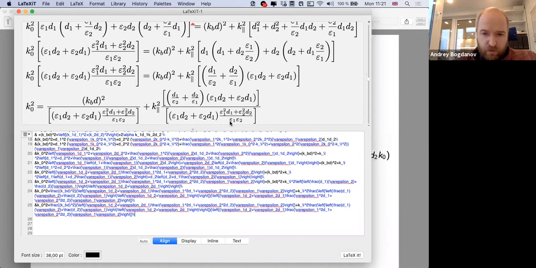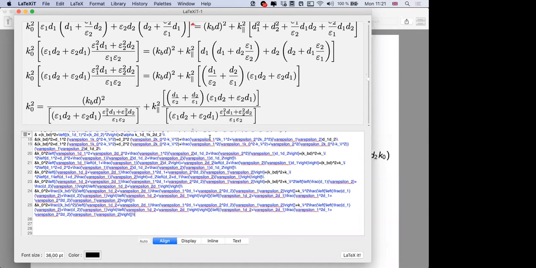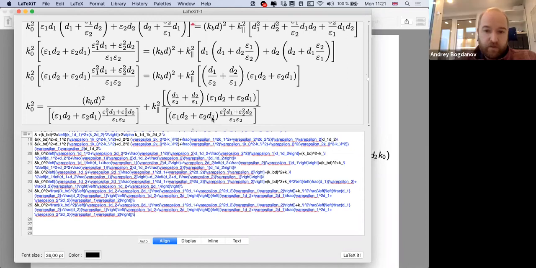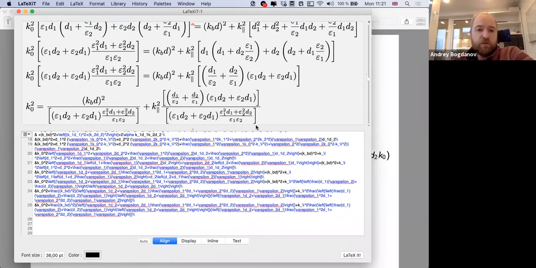We can multiply numerator and denominator by epsilon 1, epsilon 2. Exactly. I would like to do the same. But before that, just a moment, give me a small pause, please.